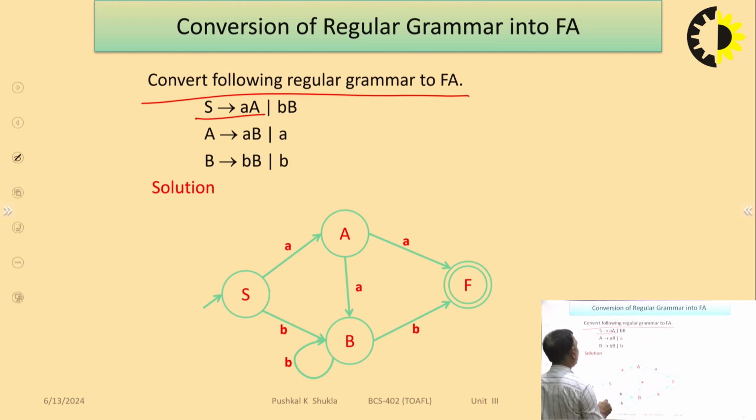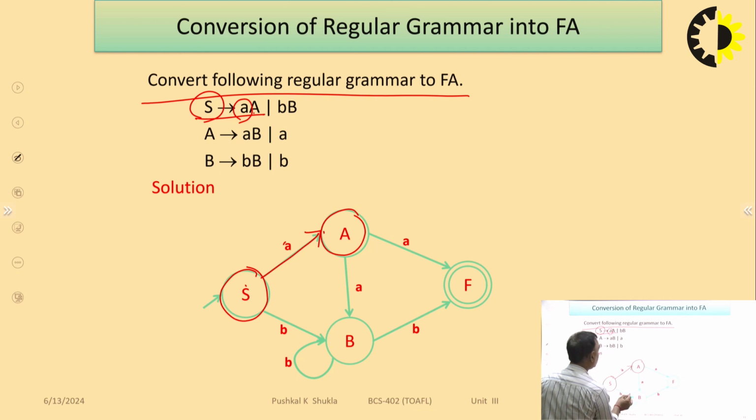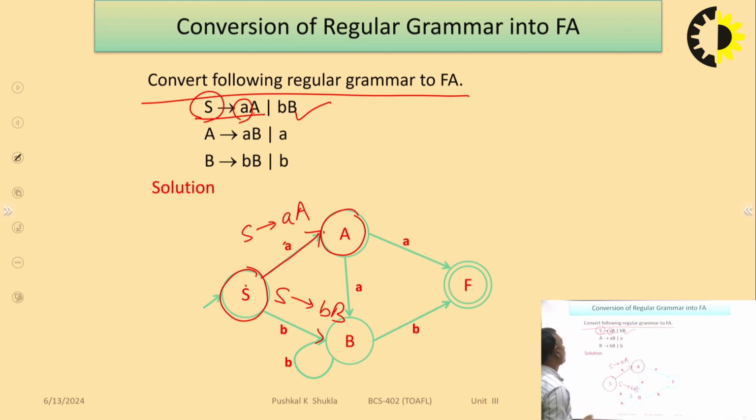S equals aA, so it starts from state S, we give input a, and it goes to state A, labeled from S to A. Again, S equals bB, so from state S it goes to state B with input b, labeled from S to B. Now A equals aB, so it starts from state A and goes to state B, and the arc is labeled from A to B with input a.